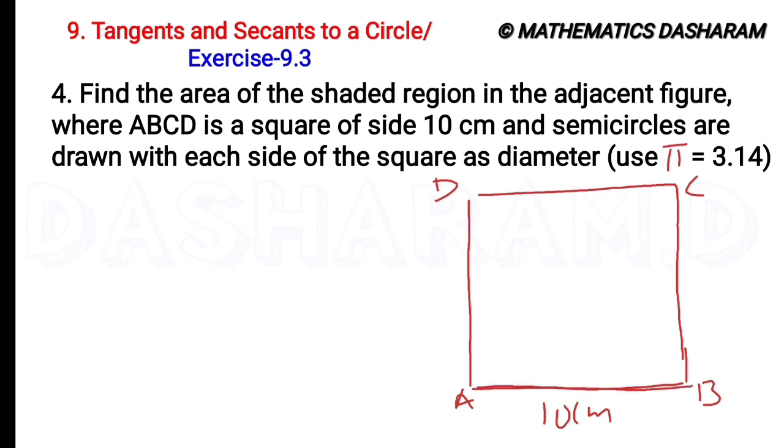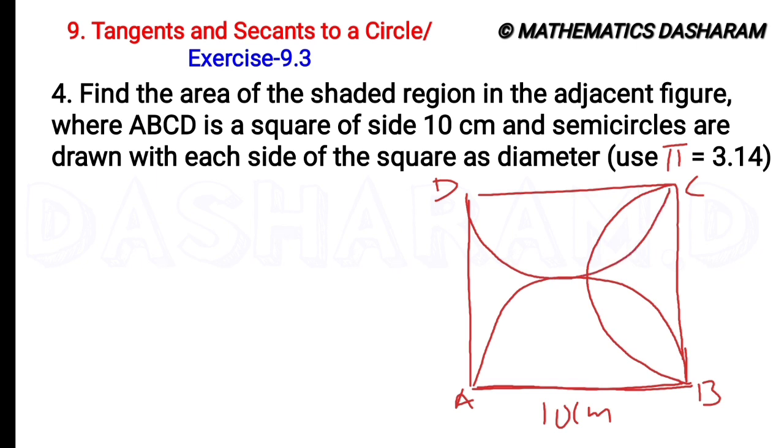So first AB side. AB is a side, but it is a diameter of a semicircle. Next BC is another side, it is a diameter of another semicircle. Next CD is a side, it is a diameter of another semicircle. Next, the last one DA is also a side, it is also a diameter of another semicircle. Okay, so now it is asking what the shaded portion is. So this is the shaded portion.